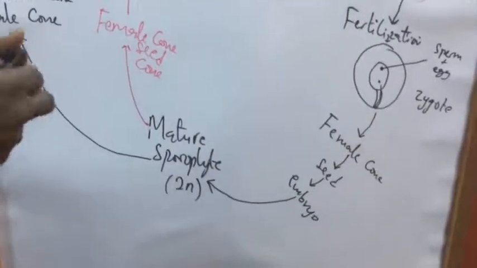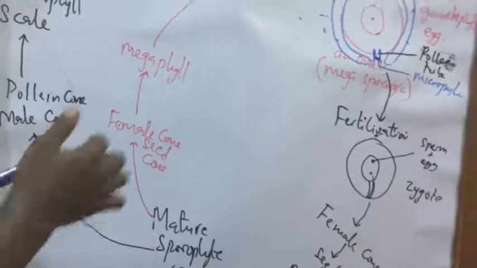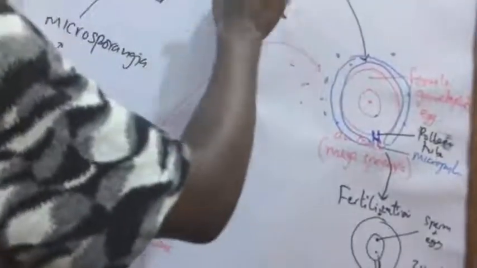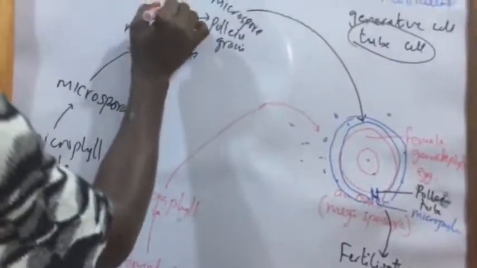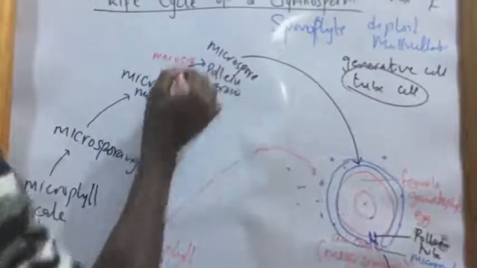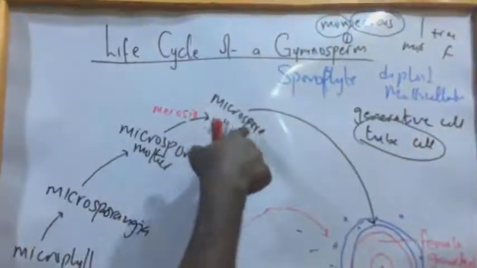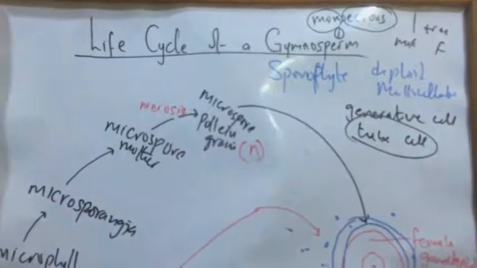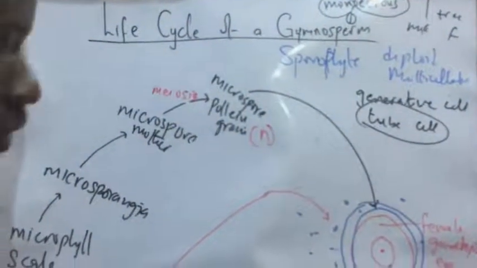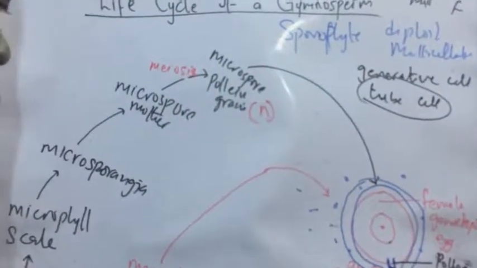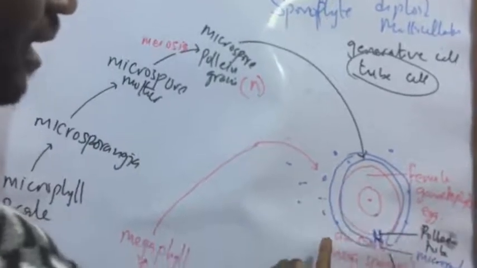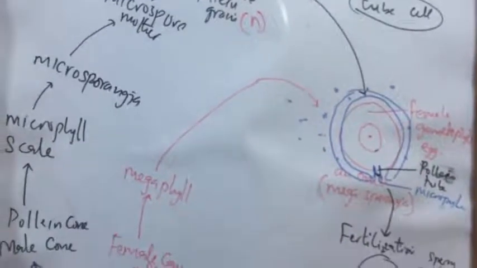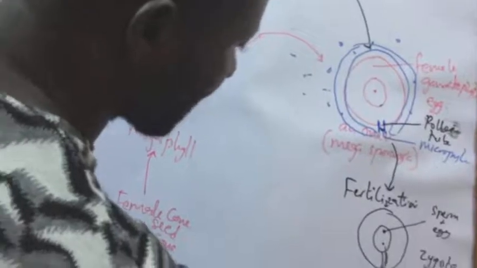Now, let us look at this again very carefully. Remember that we have the microspore mother cell. That microspore mother cell produces the microspore or pollen grain by a process known as meiosis, because this is 2N and the microspore pollen grain is N. The ovule is N, the pollen grain is N, they fuse together to give us the zygote. The zygote is 2N.